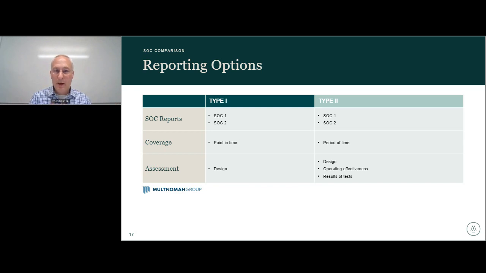For myself as an end user of a provider, looking at my contractual obligations, I want to see that they're systematically not only designing their controls, but operating them on my behalf effectively during the course of that period. And in the Type 2 report, as we get into it more, you're going to see there is a test table that shows the control, the type of test that was performed, and those results. Those results are very critical because they allow me as the reader of the report to have a very good, clear understanding that these controls met my obligations, assuming that all the controls I would expect to see are covered.